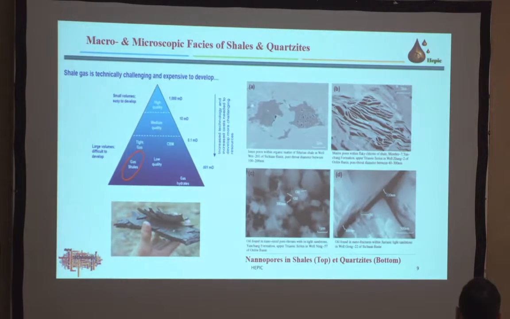We have probably seen this morning a lot of presentations on tight reservoirs, tight gas, which are less than 1 millidarcy, but more and more development of shale reservoirs, particularly in the United States, Canada, Argentina, have permeabilities in the microdarcy range, so very, very low permeability, which needs fracturing.